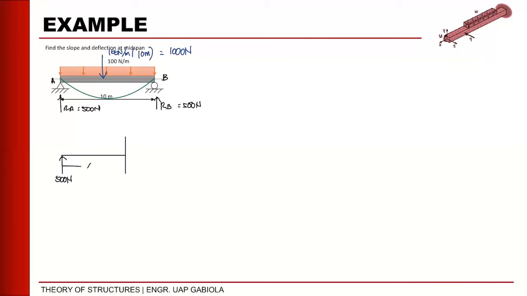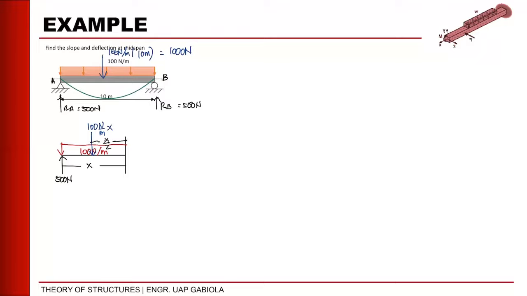This is arbitrary, so we assume X. And then our uniformly distributed load is 100 newton per meter. So, what will be its equivalent concentrated load now? That is 100 Newton per meter times X. Okay? Then its distance is X over 2.